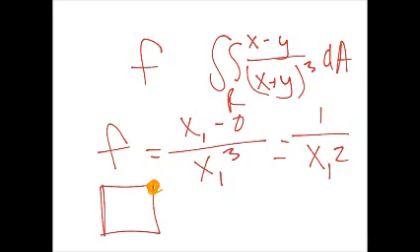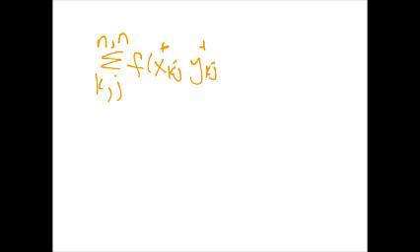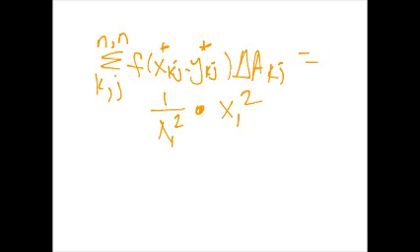And the reason why is if we take that little nice equation, f of x_kj star, y_kj star, delta A_kj, and that equals 1 over x1 squared, right? And now we're multiplying it by x1 squared. It's going to equal 1. The entire Riemann sum is 1, and it remains 1 all the time if you keep dividing this way.